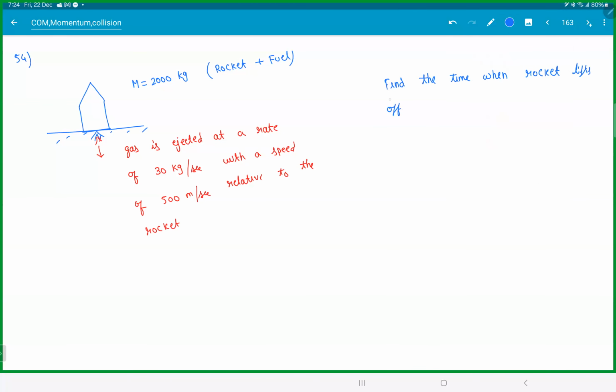Maybe someone overloaded the rocket actually. Then find the acceleration of the rocket, gravity is there, at t is equal to 20 seconds.